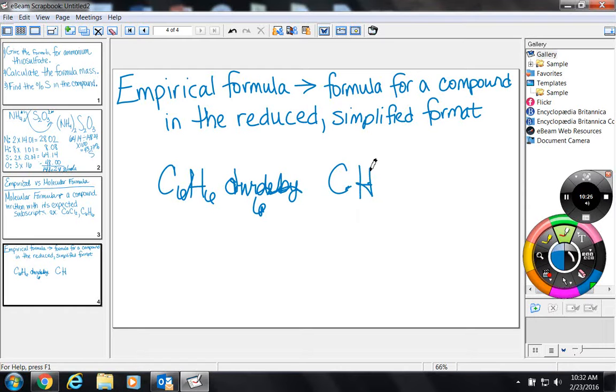All right. What about this one? What about H2SO4? H2. Okay, what's the common thing between the subscripts? I have a 2, a 1, and the 4. It's the 1, right? All I can divide by is 1. So nothing changes.